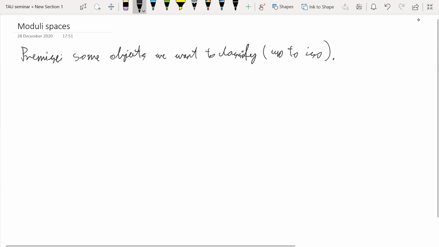And we would also like, for various reasons, for example, by this natural idea of putting some geometric structure on whatever we encounter, we would also want some geometric structure on classes of those objects.